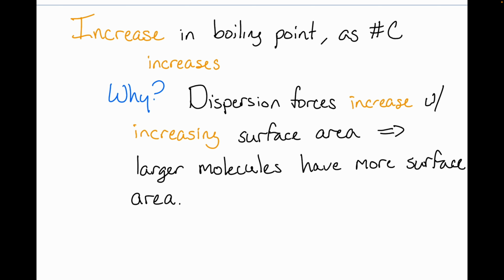All right, so the larger our alkane is, the higher its boiling point is going to be, and that's because these dispersion forces increase with increasing surface area, right? So larger molecules have more surface area.